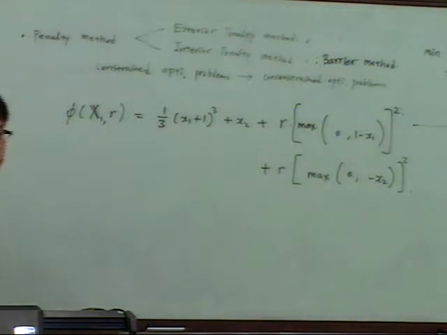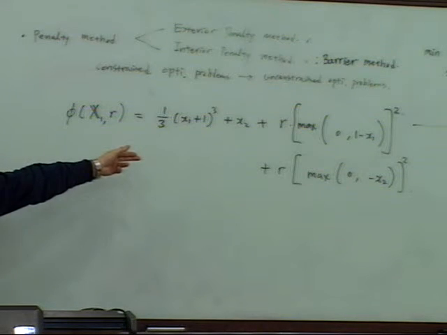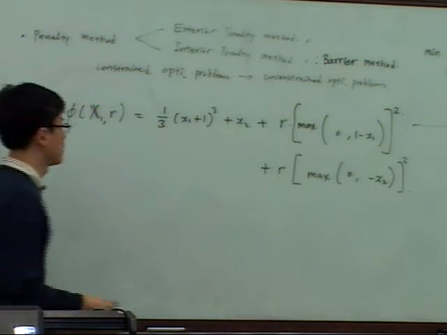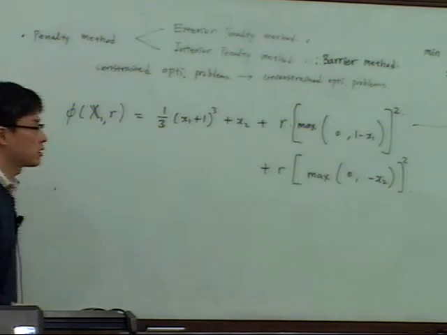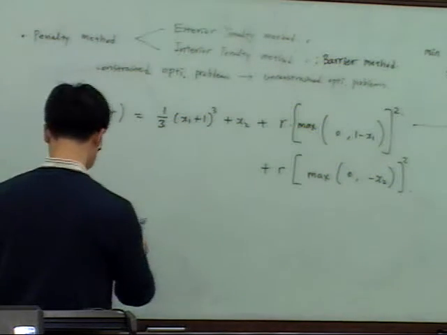And according to step 2, now we are supposed to find the minimum value of this unconstrained optimization problem. And like the previous example, let's utilize the necessary optimality condition to calculate the local optimum.